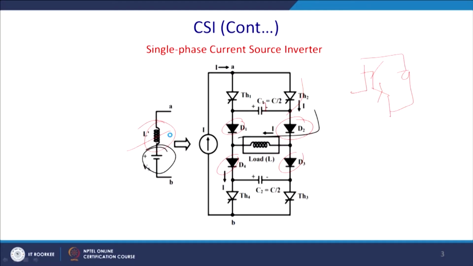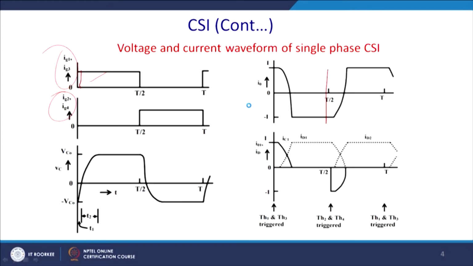This is the voltage across this capacitor, and it will have a negative voltage initially. Initially it will be charging and will rise close to plus VCO. It will hold until the other thyristors are triggered.